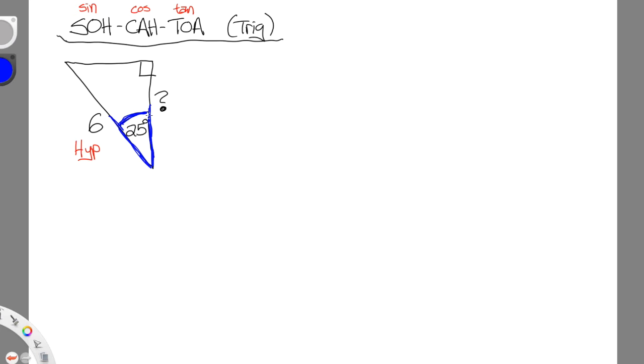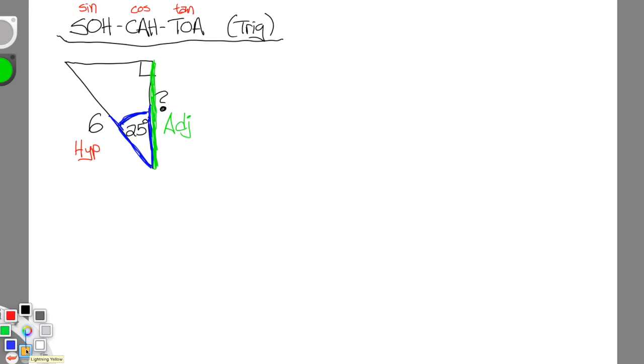So if that's our angle down there, the adjacent side is the side that touches the angle. So this side that I'm about to color in green is the adjacent side because it touches this angle right here. So this would be adjacent.